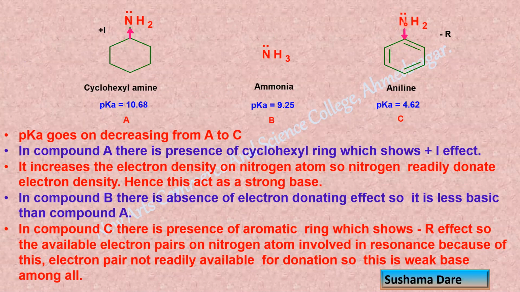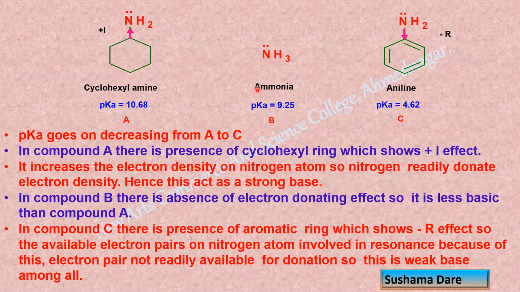Because of that, this nitrogen atom donates its electron density less readily. Hence, this has to be a weak base. You can see here 10.68 and this pK value is 4.62. As pK goes on decreasing, basicity also decreases from A to C.